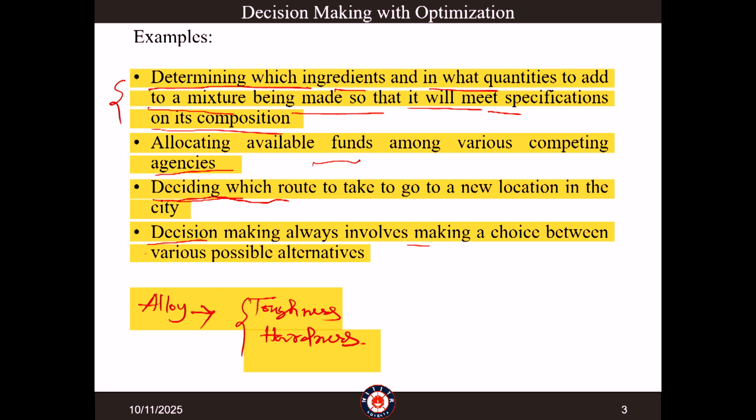Suppose I am to machine a surface of certain jobs or products, then what will be the different combinations of input parameters like speed, feed and depth of cut, so that I can get the best quality of the products in terms of, say, surface roughness, tool wear, minimum sound, minimum use of lubricants and so on.